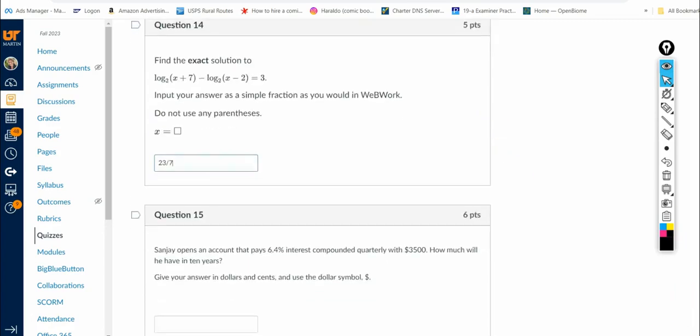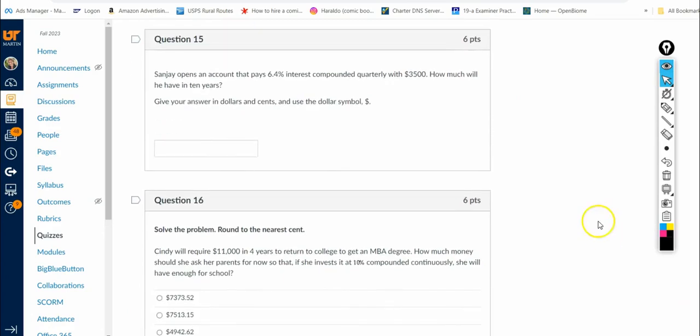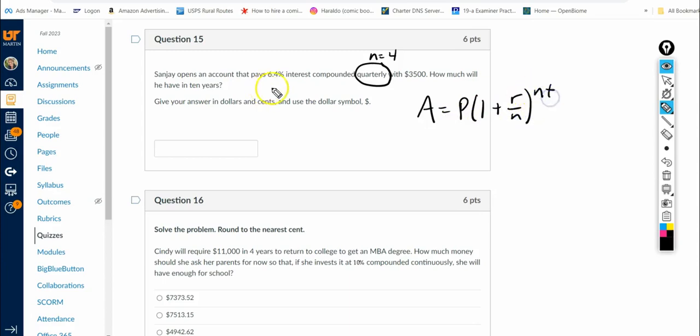Let me scroll down. Okay. Compounded quarterly. That tells me n equals 4, and this is the formula that I need. 6.4% interest.